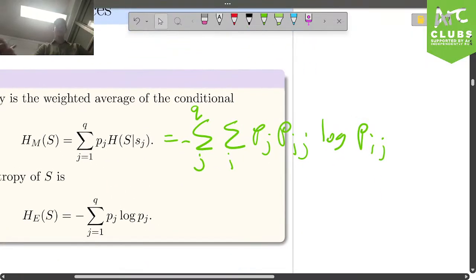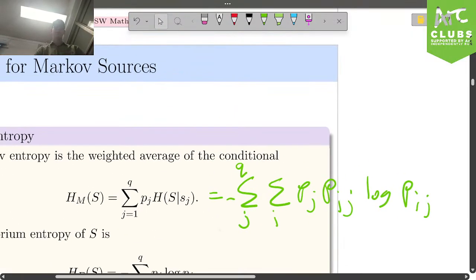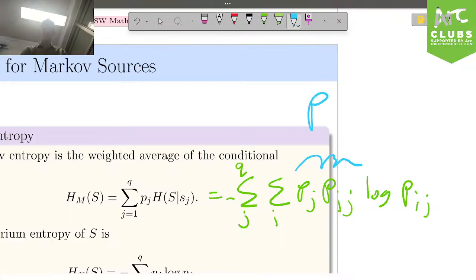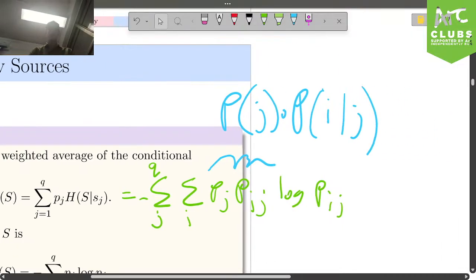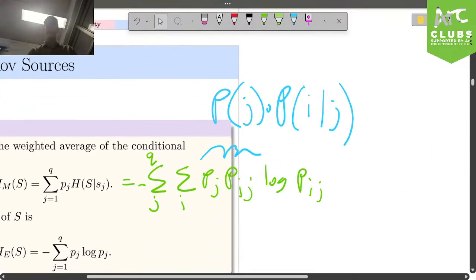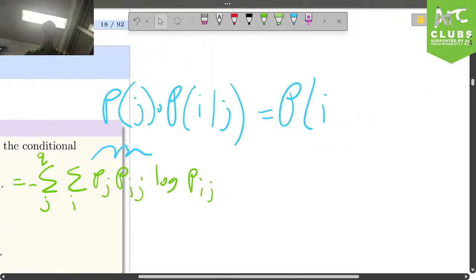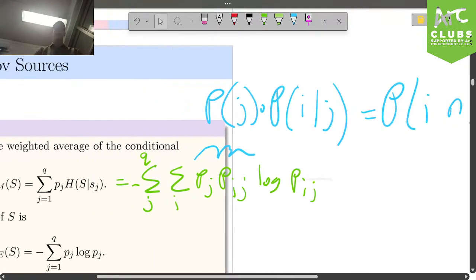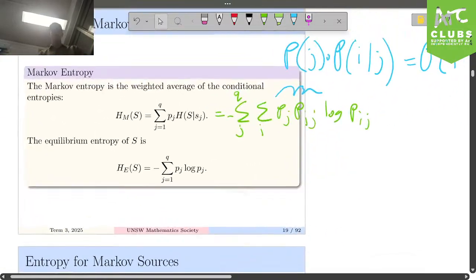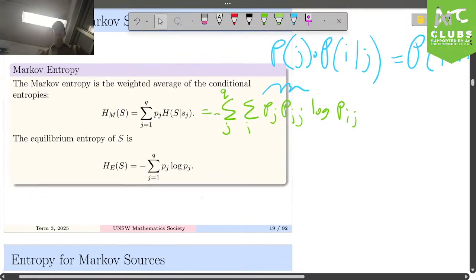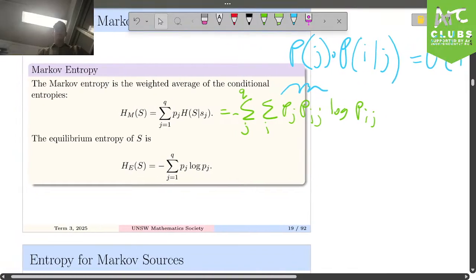And what we can identify this as, if you remember your conditional probability, is the probability of getting j times the probability that we get i given j. So that's going to be the probability of getting i and j. There was that little revision slide at the beginning of the first chapter on revising probability theorems like that. This is similar to what effectively comes from Bayes' rule.